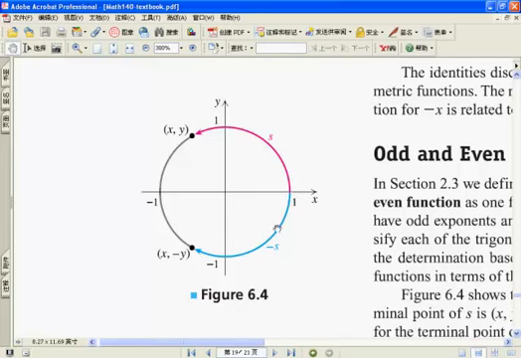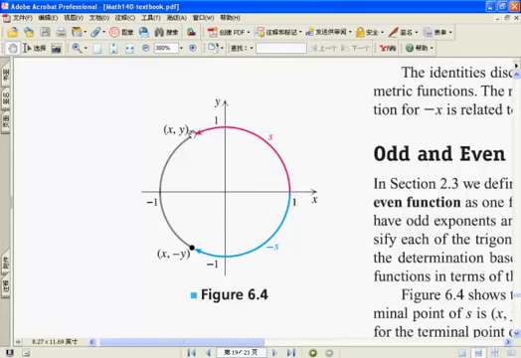We have another angle whose radian measure is negative s. Actually these two arc lengths are the same, but they have opposite signs. Now this point and this point are symmetric about the x-axis, right?